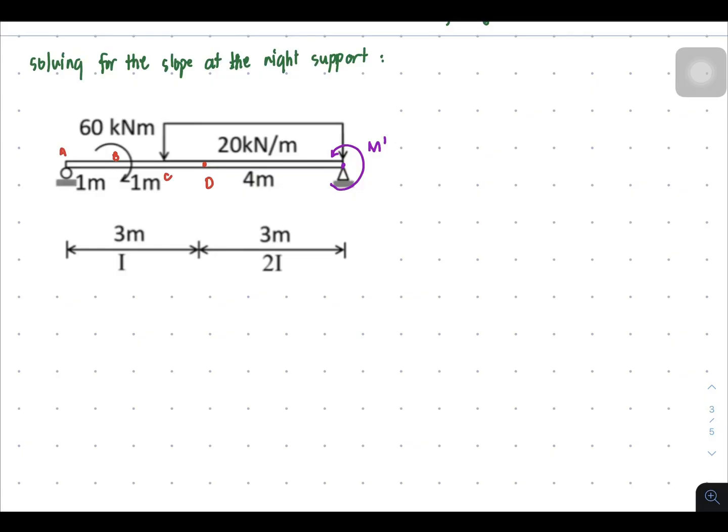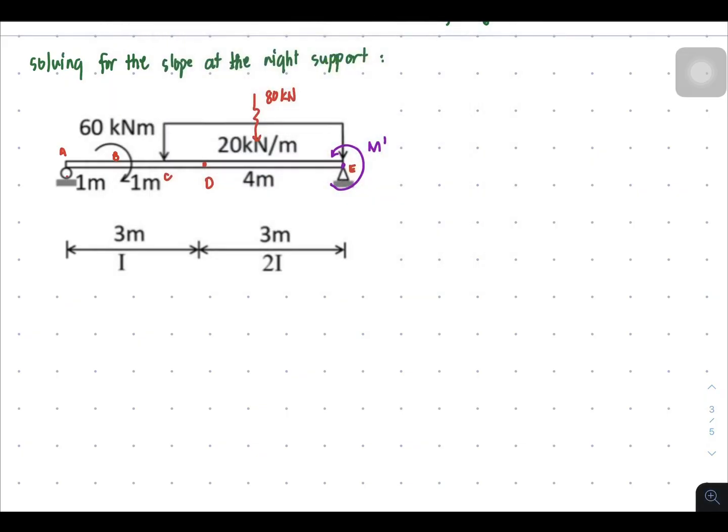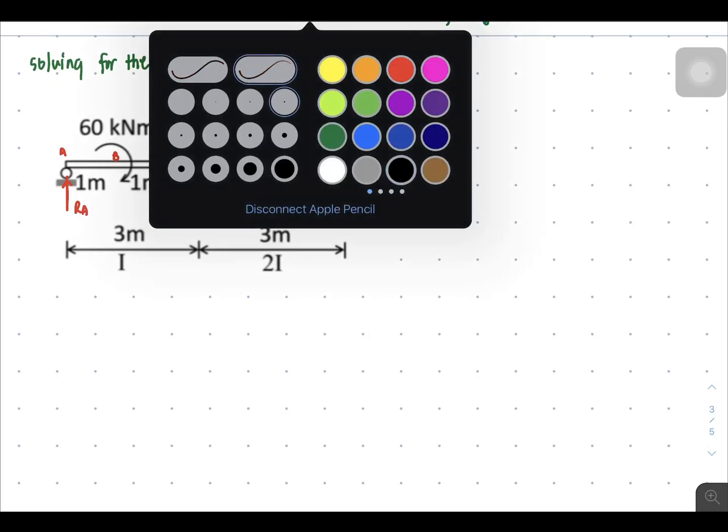From the left side it's I, then on the right side it's 2I. So there is a change of cross-sectional area. And then at the point here, we have point E. So this time, let us solve for the resultant here in the 4-meter distribution. So this is 80 kilonewtons. And we have this reaction at A and reaction at E.